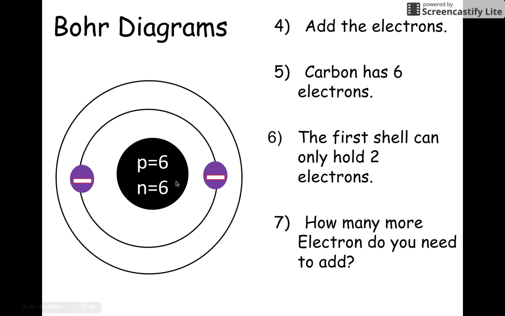And then on the first shell, we're going to add the 2 electrons, and that's the max we can add. Now, we have 6 protons, so we're going to have 6 electrons. Carbon has 6 electrons. If we already drew 2, we know that we're going to go to the next shell, and there's how many left? 4.